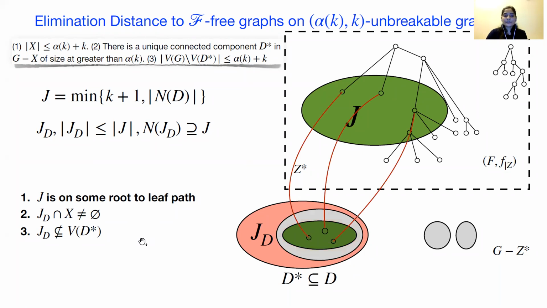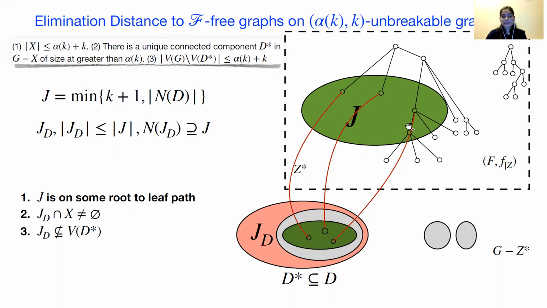Now suppose none of these three properties hold. That is, J is not on some root to leaf path, J is spread all over the forest, and no vertices from this set JD are going into solution, and this set JD is part of the large connected component D star. Then you can see that this is not possible, as it is violating the neighborhood property for my large connected component, right?